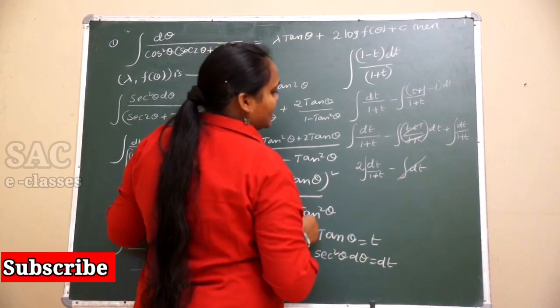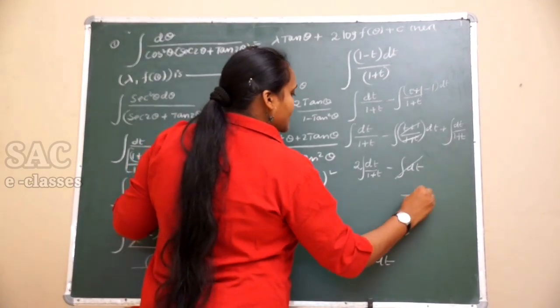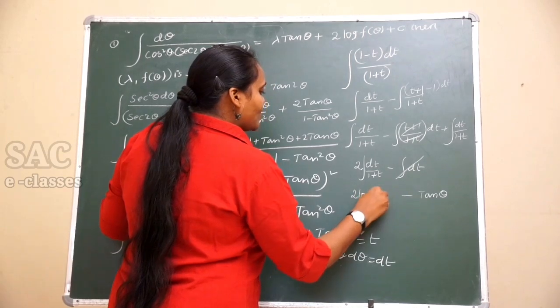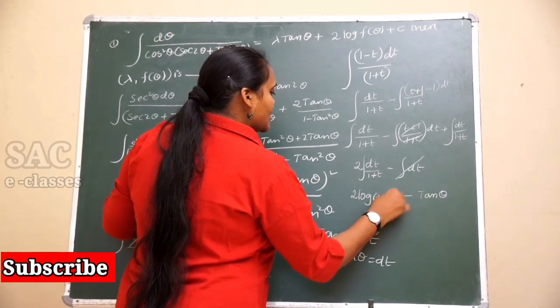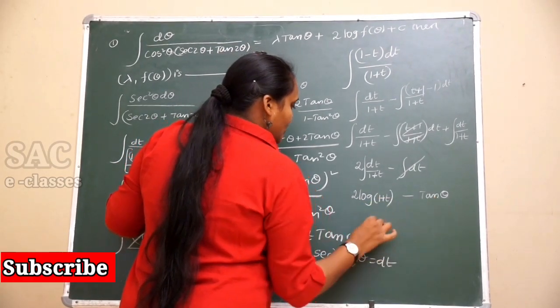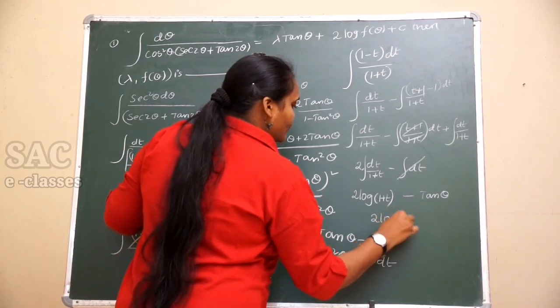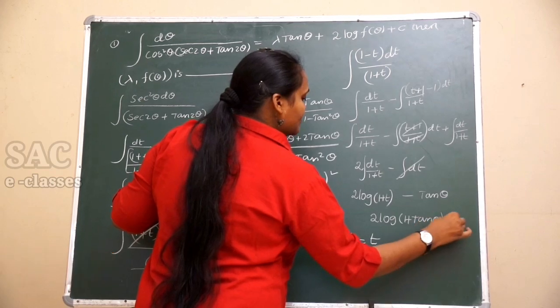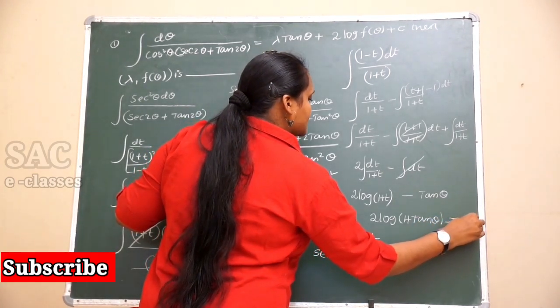Clearly, the integration and d get cancelled, minus tan theta, into 2 times log of 1 plus t we got. Then 2 log of 1 plus tan theta minus tan theta plus c.